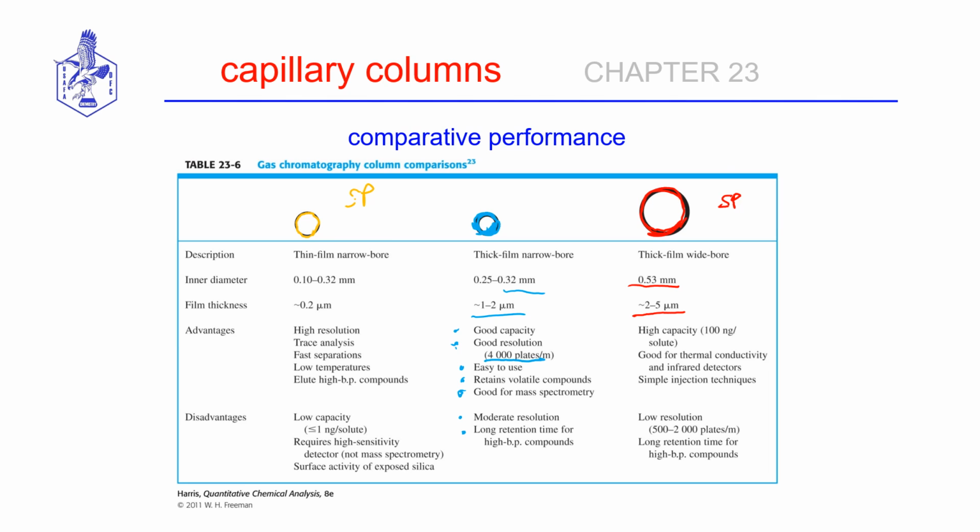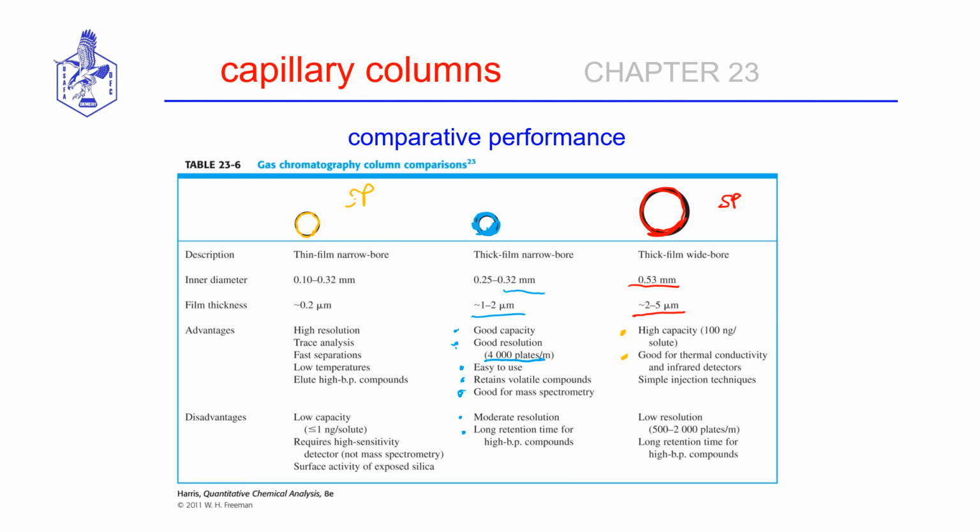So we have the highest capacity of any of these techniques. It's good for detectors that don't have our lowest limits of detection, and that's a thermal conductivity detector or an infrared detector. The TCD is the least expensive detector, so these are the better columns to use if those are the only detectors that you have.